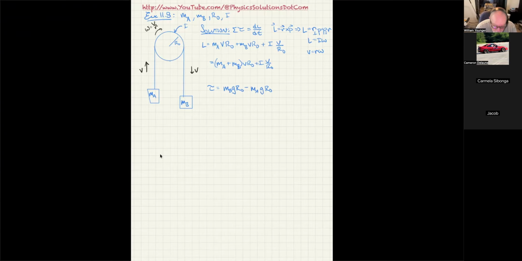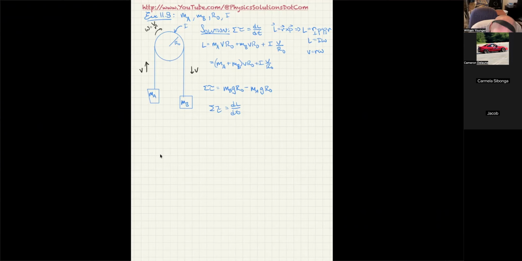That's the total torque. Now what we can do is say the summation of the torques, and this really is the summation of the torques, not just the torque, is equal to dL dt. So we can go about doing that as follows.